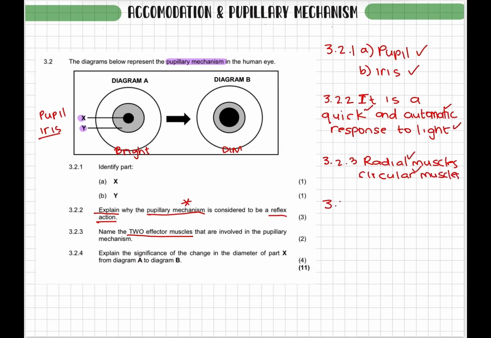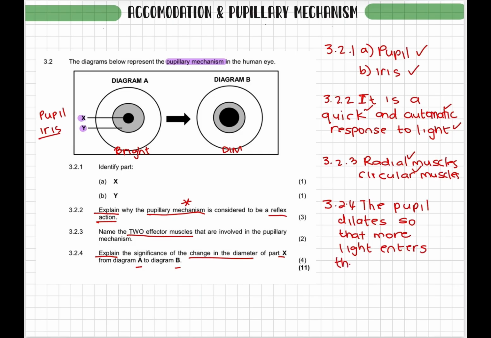Now the last question, 3.2.4, it says explain the significance of the change in diameter of part X from diagram A to diagram B. So we'll start by mentioning that the pupil is dilating, or it becomes wider. This is so that more light enters the eye during dim light conditions. Now you must mention that to improve vision.